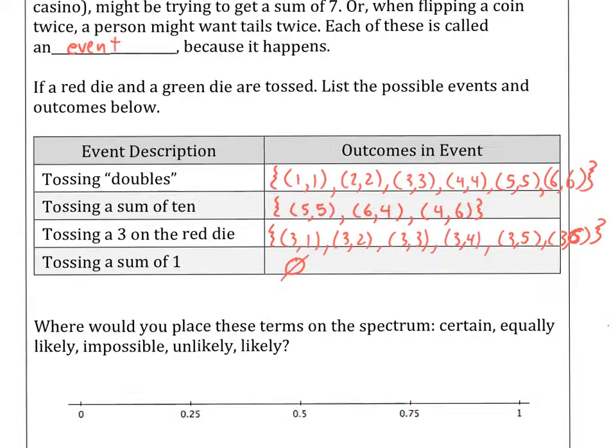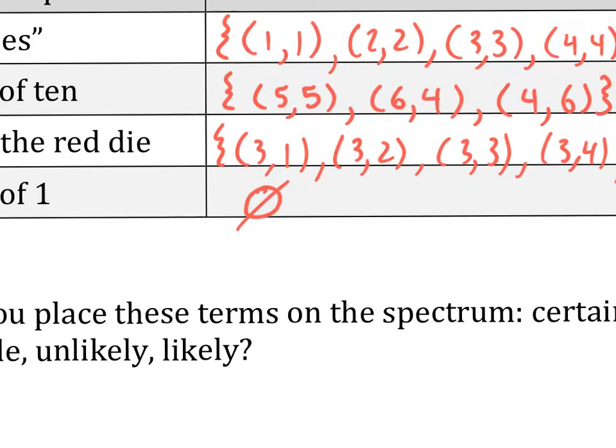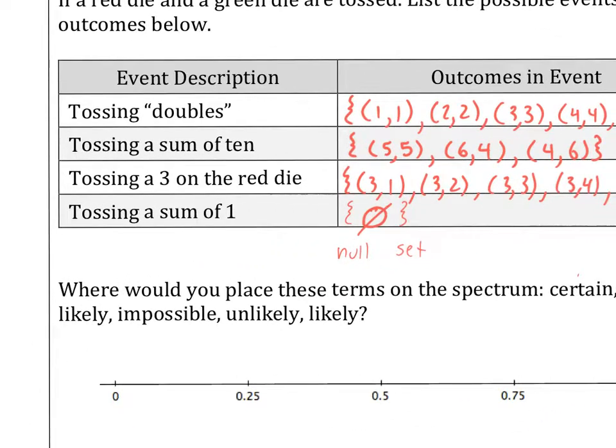This right here, by the way, is called, and I'm going to put brackets around it, the null set. And I just want to point out to you that this does not mean 0. In the sense of, it can sometimes mean 0. It just means blank. So when we talk about the probability of rolling dice that sum to 1, the probability would be 0.